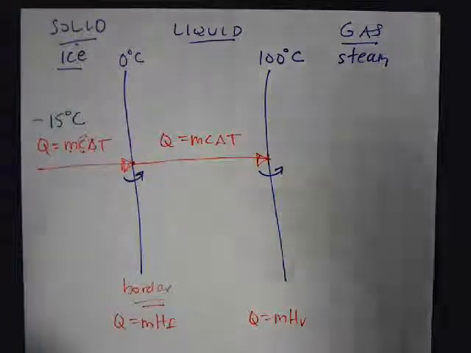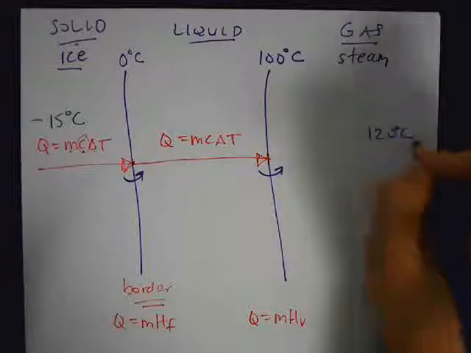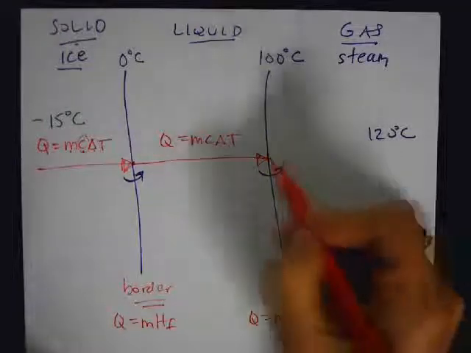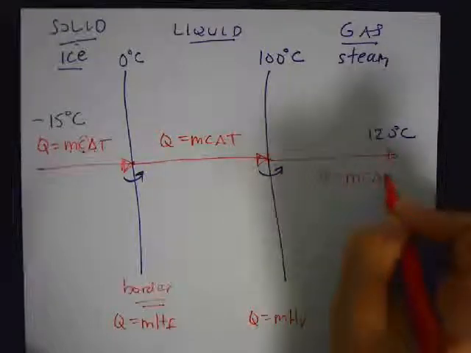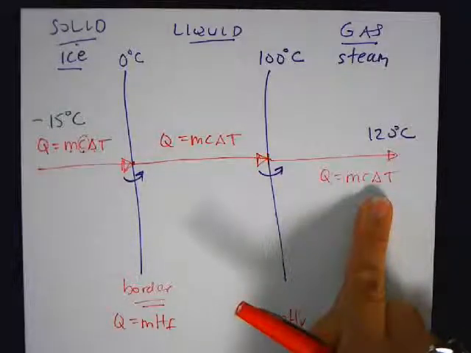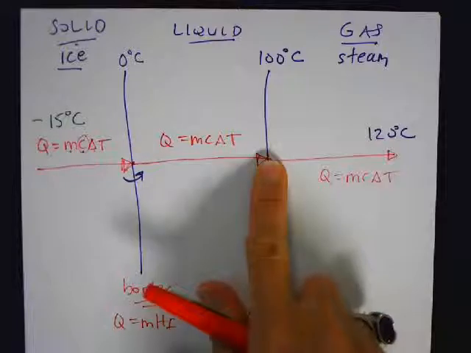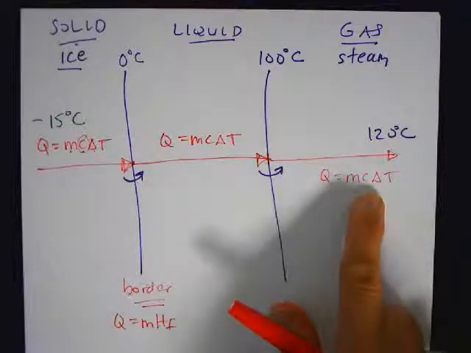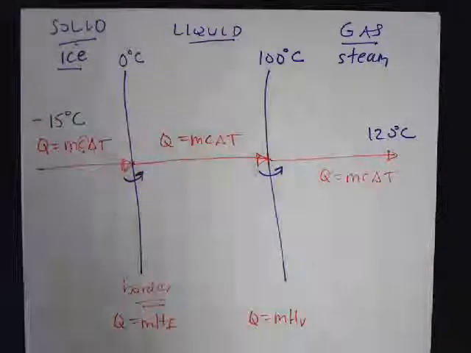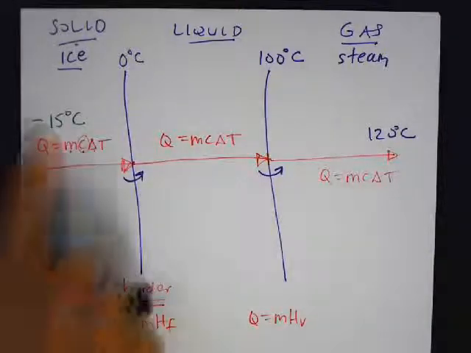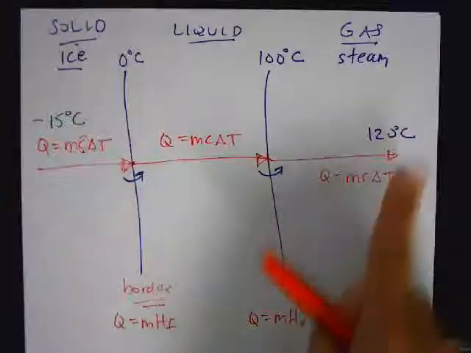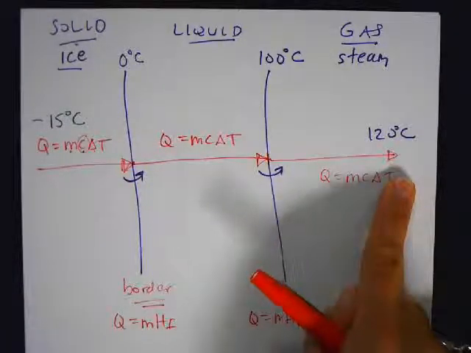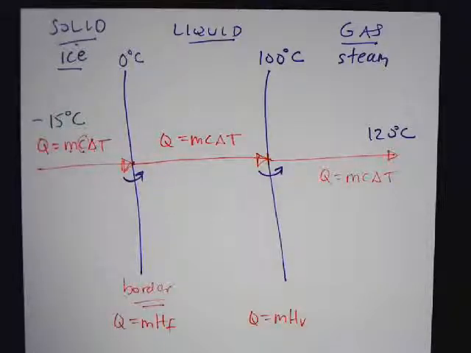So let's say I want to go to 120 degrees steam, then I'm going to have to use Q is equal to mc delta T again. I'll do the change in temperature, which would be 120 minus 100, and now I'd have to look up the specific heat for steam. So if I wanted to calculate the energy that it takes to go from negative 15 degrees Celsius, so that's like ice, to steam at 120 degrees, I'm going to have to add up 5 different values.